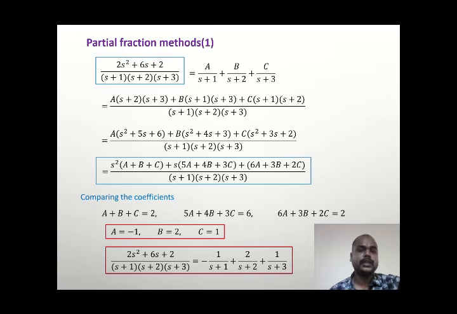Now we have to understand one important topic for this state space expansion, which is the partial fraction method. For a given transfer function, for example, we have taken here (2s² + 6s + 2) divided by (s+1)(s+2)(s+3).